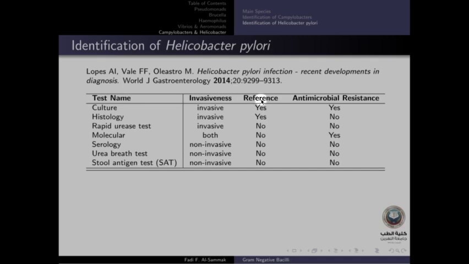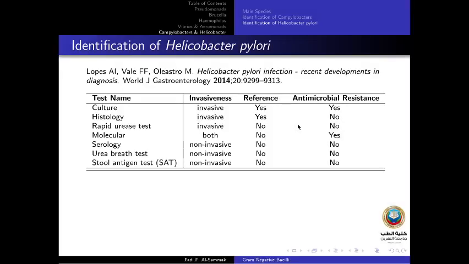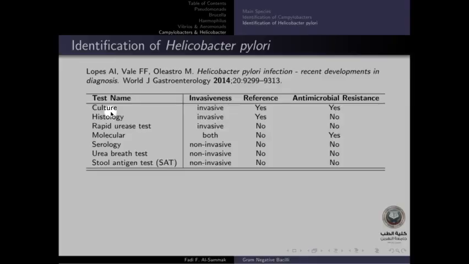By reference, we mean gold standard or not, and whether it is possible to identify the antimicrobial resistance profile using that test. So what are the gold standard or reference tests? Well, the culture, obviously, the isolation of the microorganism, and also demonstration of the organism using histological special stains.